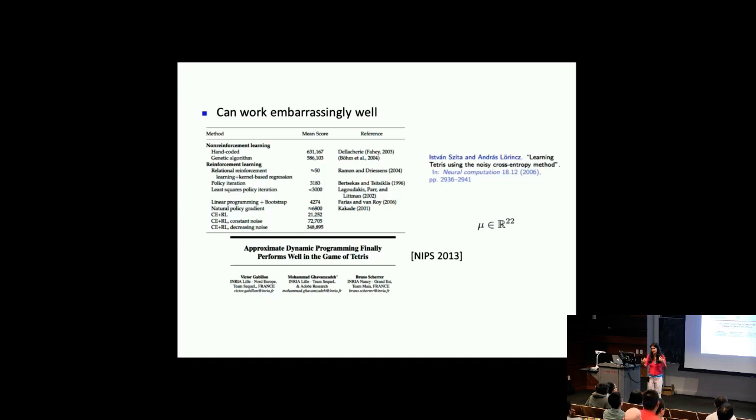It works embarrassingly well. Because if evolutionary methods work so well, then there is no reason to teach a reinforcement learning course. Does this make sense? We will just do black box optimization to estimate beautiful policies, okay? Does this make sense? Okay.